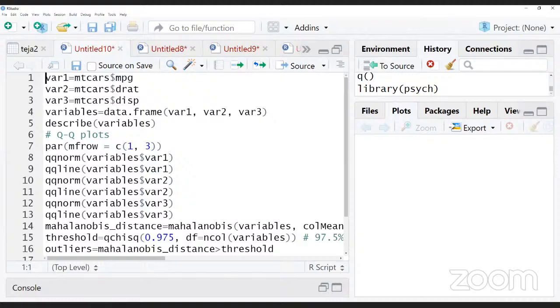Now, in doctoral dissertation, usually we follow the multivariate nature of data. Earlier, when we did not have the computer facility, we did not have the statistical software, at that time we were using univariate data, bivariate data.